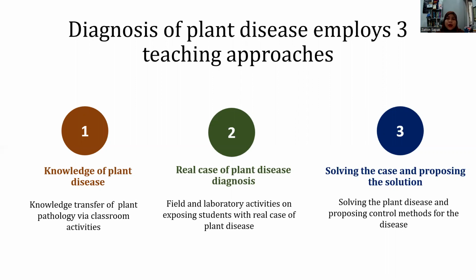The second one, we expose the students to real plant samples or real disease in the field, and they bring the samples back to the lab to diagnose. The third one, they have group discussions to solve the problems and propose solutions, and they have to write reports, which need to be shared with the experts and with their peers.